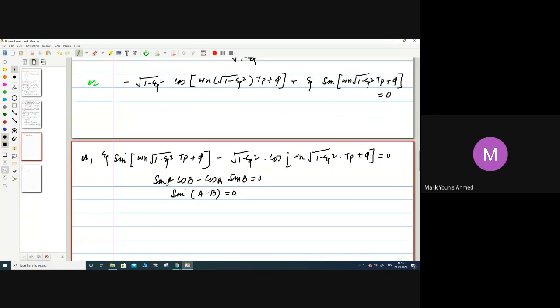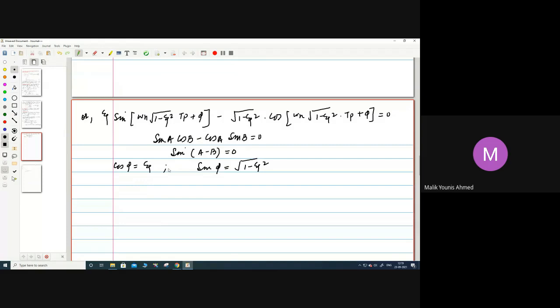So sine I have here, cos phi I will try to make xi, and sine phi I will try to make under root of 1 minus xi square. Now I'll substitute these values in the above expression.